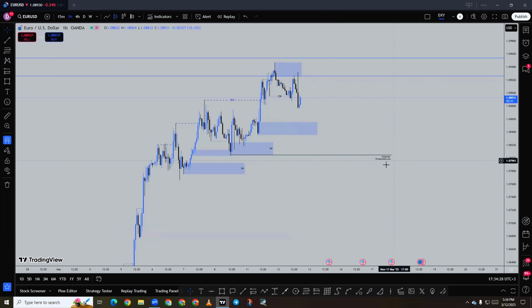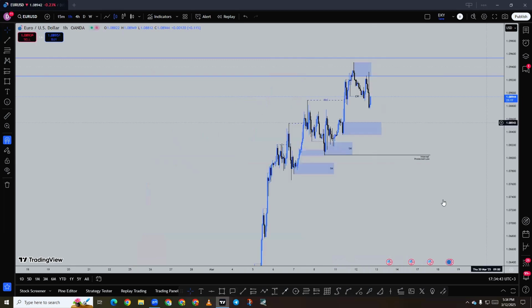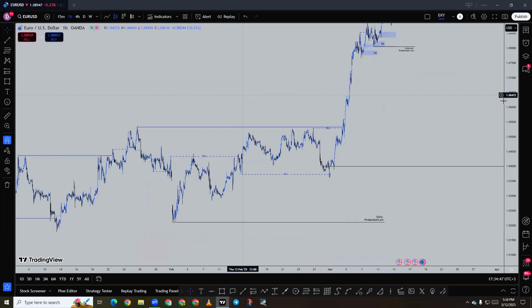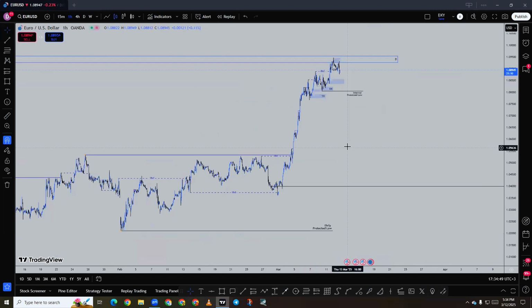That internal protected low should be protected. But if we see a situation where the market just melts to the downside, then that should be the first sign that probably the swing structure pullback has already begun.